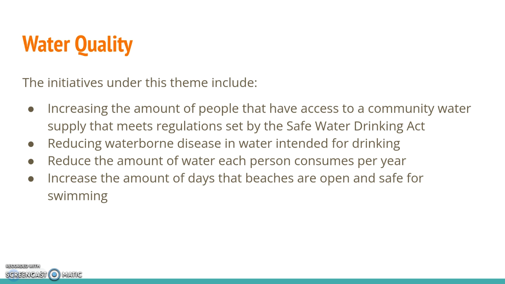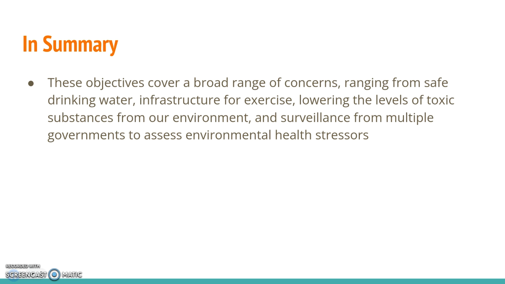And then I believe this is also one of the more important objectives. The initiatives under this theme include increasing the amount of people that have access to a community water supply that meets regulations set by the Safe Drinking Water Act, reducing waterborne disease in water intended for drinking and personal use, reducing the amount of water each person consumes in a year, to help with any droughts, and increasing the amount of days that beaches are open and safe for swimming to encourage exercise amongst the populations.